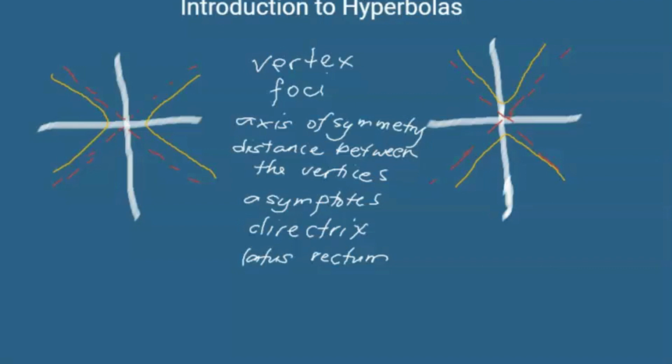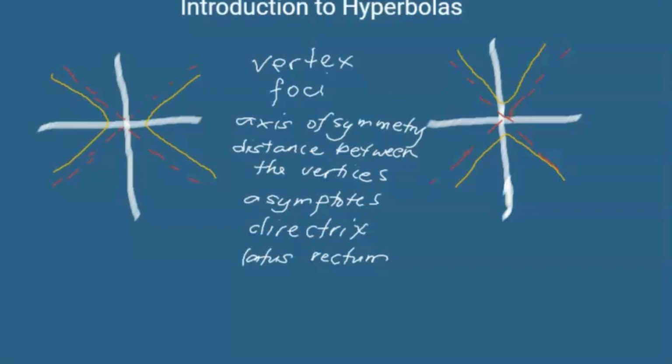So hyperbolas have two branches that open in opposite directions. One we call a horizontal hyperbola, where the branches open left and right, whereas we have a vertical hyperbola that opens upward and downward. And the distance between the foci is the key parameter that determines the size and orientation of the hyperbola.